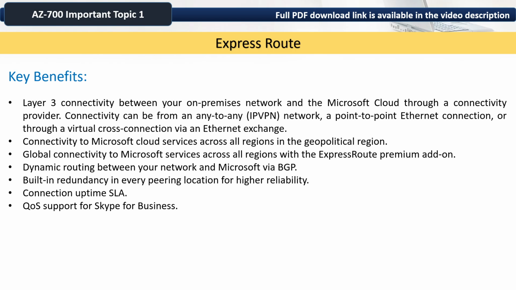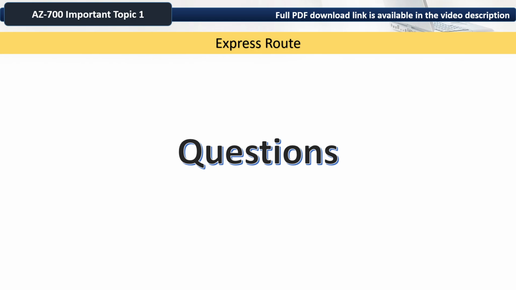Connectivity to Microsoft cloud services across all regions in the geopolitical region, global connectivity to Microsoft services across all regions with the Express Route Premium add-on, dynamic routing between your network and Microsoft via BGP, built-in redundancy in every peering location for higher reliability, connection uptime SLA, QoS support for Skype for Business. Now to the questions related to this topic.